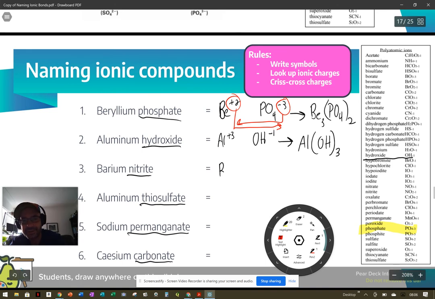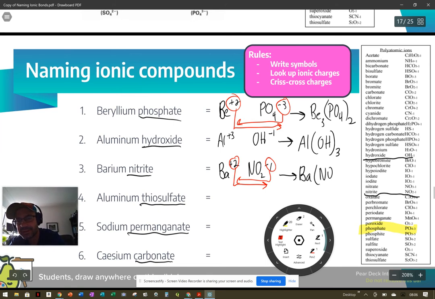For barium nitrite, barium is a +2. Nitrite, we're going to have to look up, has an NO2 minus 1. We're going to crisscross those charges. And that's going to give us barium parentheses nitrite, and put this 2 outside of it.